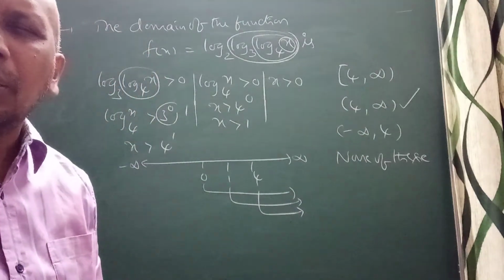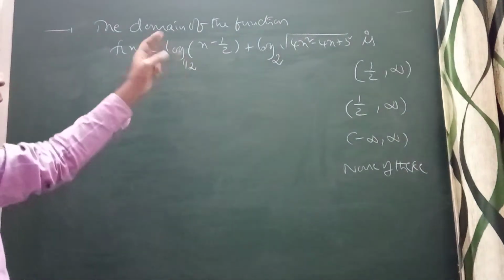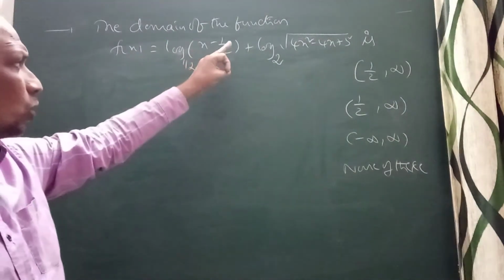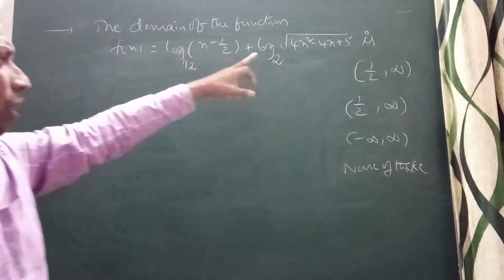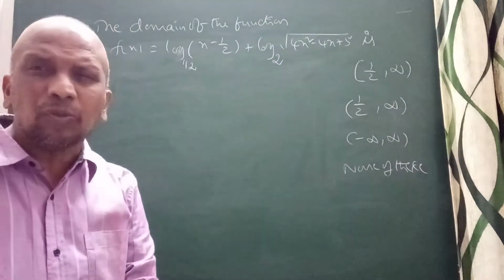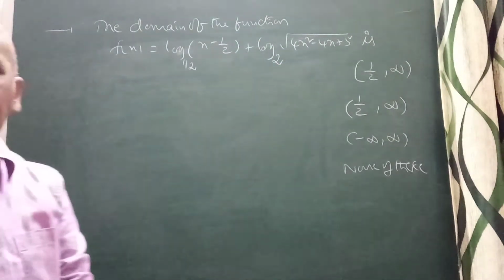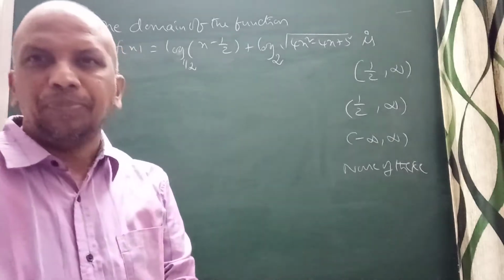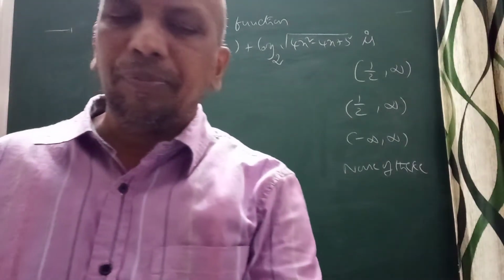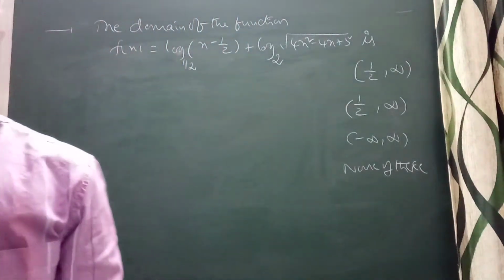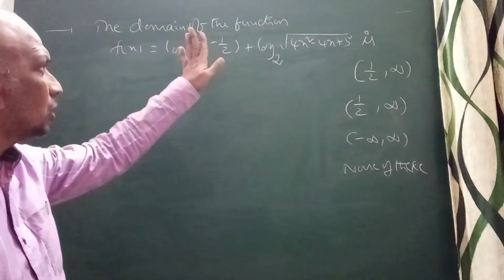Next I will explain. Now in this problem they are asking the domain of the function log of (x minus 1 by 2) base 1 by 2 plus log of the root of 4x square minus 4x plus 5 base 2. This is a logarithmic function.